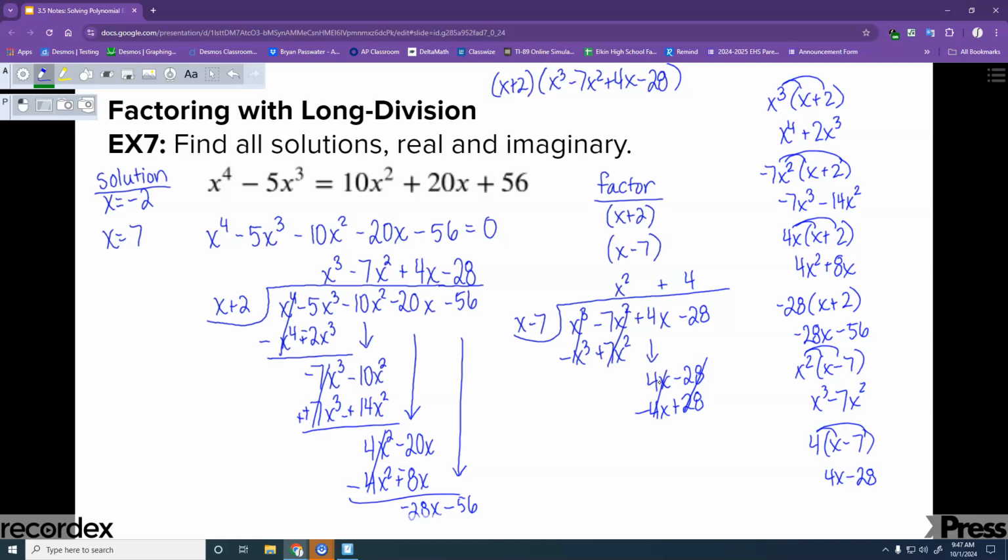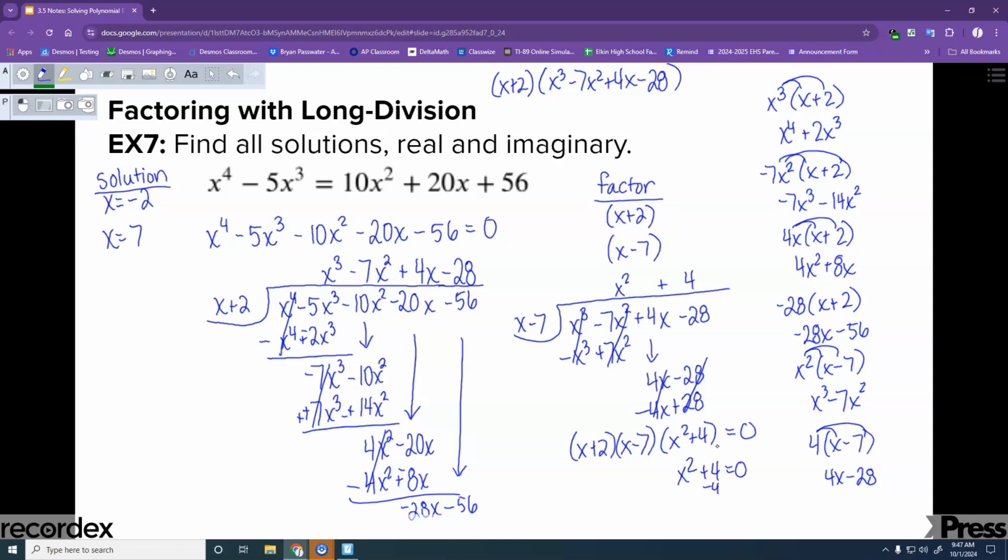So now what I have is x plus 2, x minus 7, and x squared plus 4. We already have the solutions for the x plus 2 and the x minus 7. They're over here. What do we need to do with this x squared plus 4 to find the zeros that go with it? We will set it equal to 0.